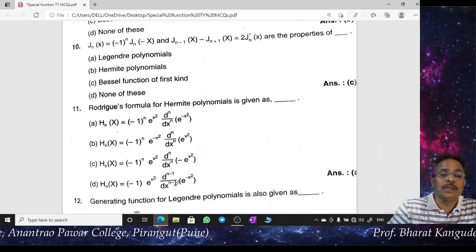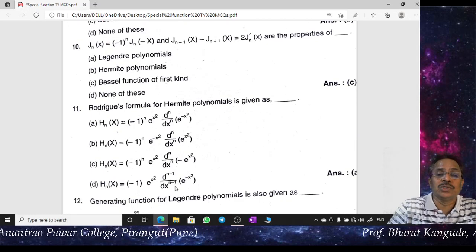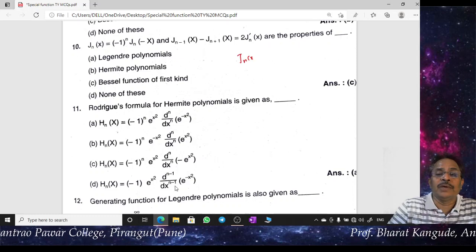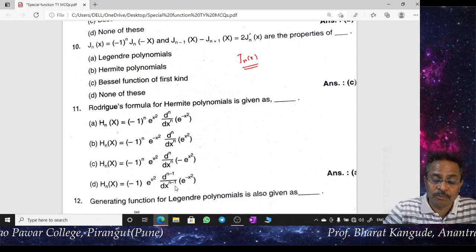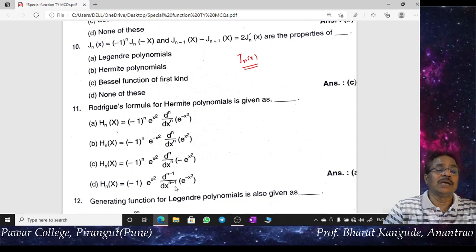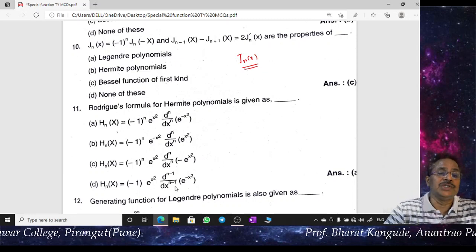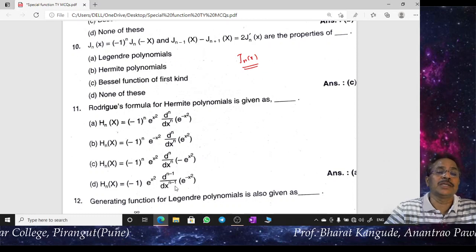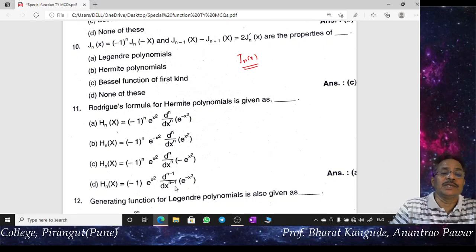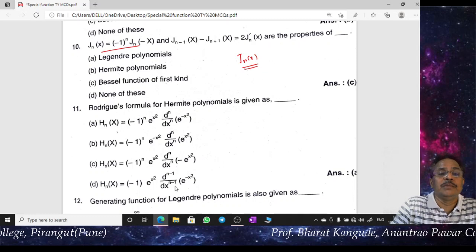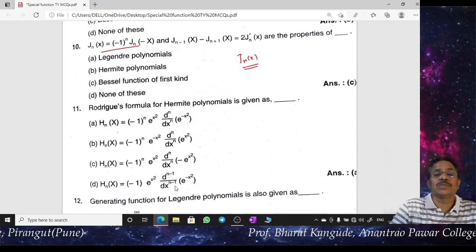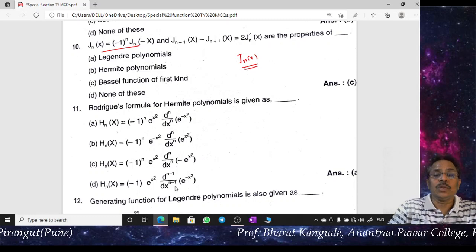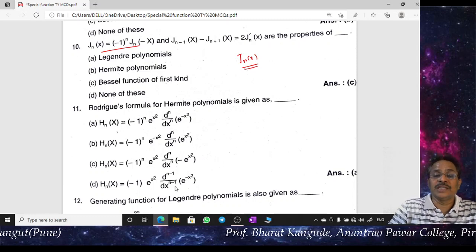Let's remember, in almost all usual textbooks we use Jn of x as the symbol for the Bessel function of the first kind, and therefore both of these properties given, Jn of x is equal to minus 1 raised to n Jn of minus x, which is the parity property of the Bessel function, and Jn minus 1 of x minus Jn plus 1 of x is equal to twice J dash n of x.